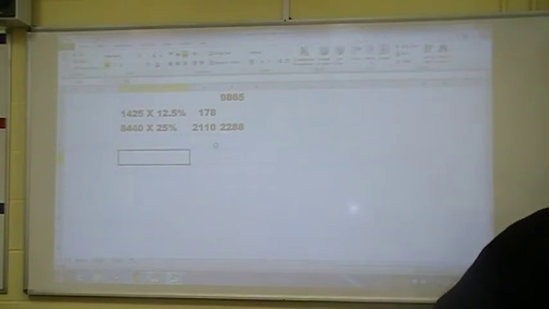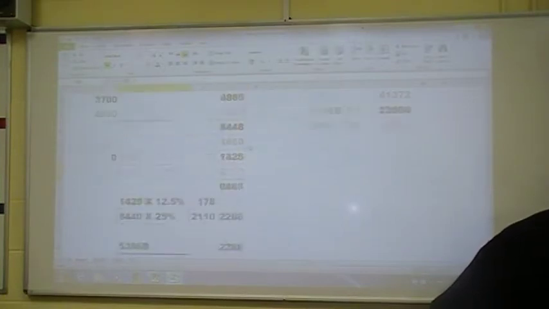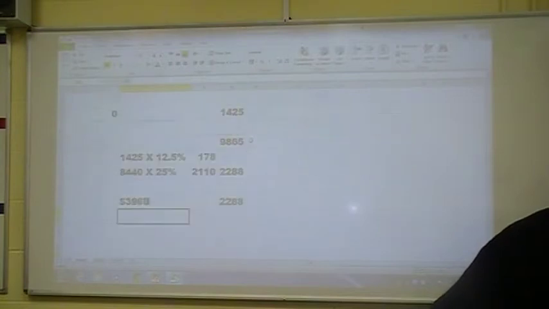Okay, so you can now enter your computation. So section 396B, 2,288. If you want, you can show your little calculation in there again: 2,288 divided by 0.125. Or you can show 18,304 multiplied by 12.5%. Probably better.